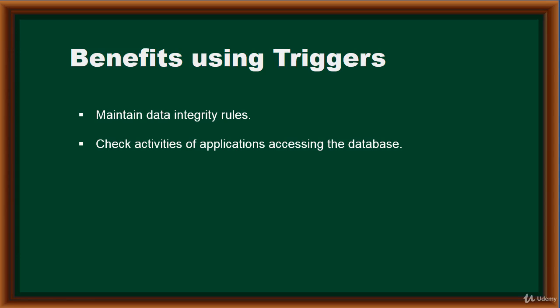For example, if you want to keep history of data without requiring the application to have the logic to check for every event, such as an insert or update, you can use triggers to achieve that. Triggers also help you maintain complex data integrity rules, which you cannot implement elsewhere except at the database level.